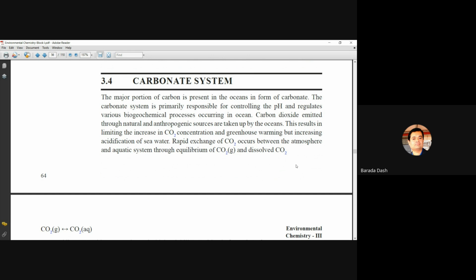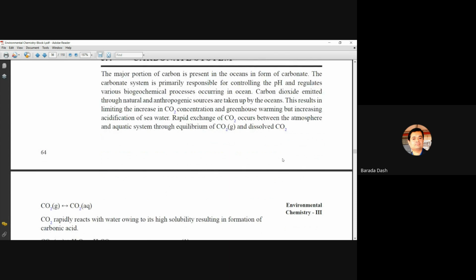Basically, carbon dioxide in the atmosphere is converted to carbonates, and that is stored in the river bed or ocean bed. That is the fate of carbon dioxide. Ultimately it is converted to carbonate, but it is a very slow process. It can prevent the greenhouse effect of carbon dioxide, but it is a very slow process.